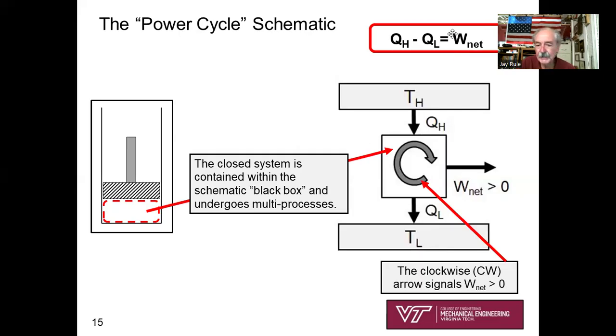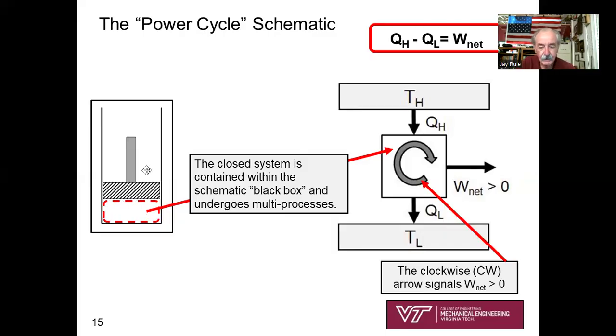It says QH minus QL equals W net. The first thing I should show, and I don't have anything written down, notice how I've got thick black arrows. How many do I have flowing into this black box? Let me go to the left first. Getting ahead of myself. This piston and cylinder, here's our closed system.